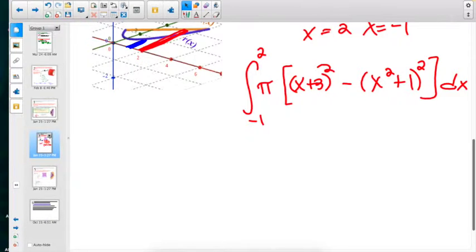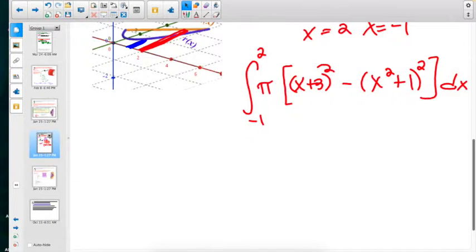So what do you get when you integrate that? We could FOIL this and integrate it, but really it's an F-int. And if you are going to FOIL this out, remember (x plus 3) squared is not x squared plus 9, it's x squared plus 6x plus 9. We had to FOIL that whole thing out.